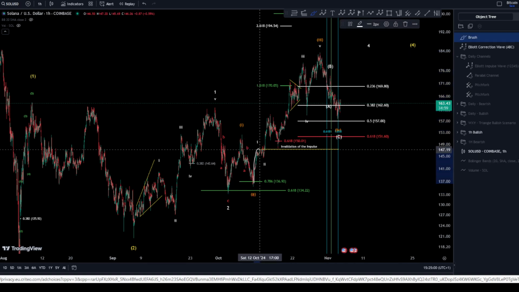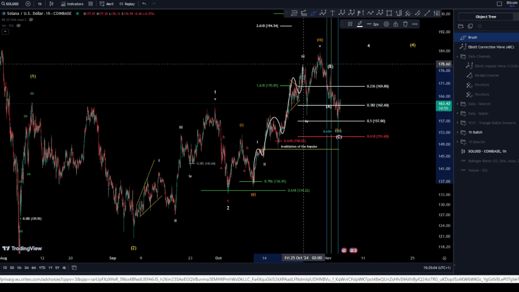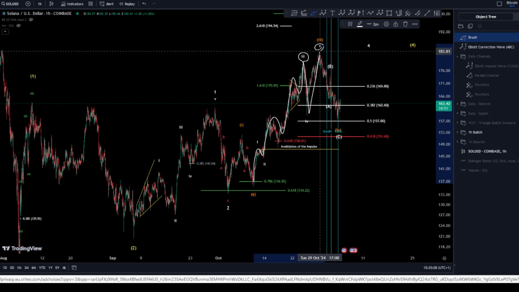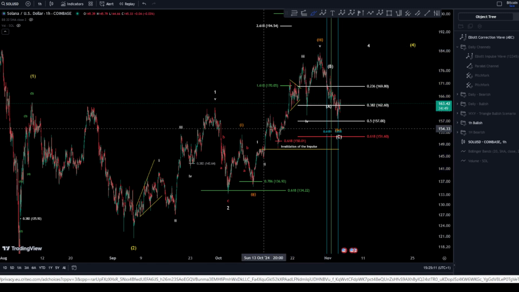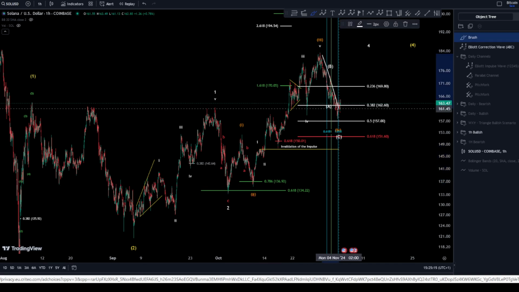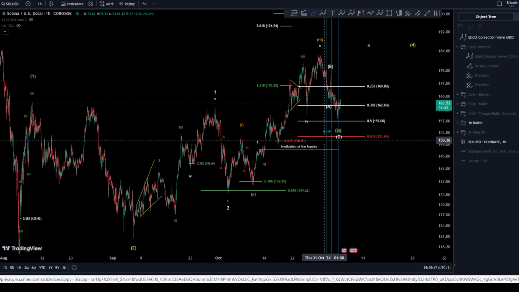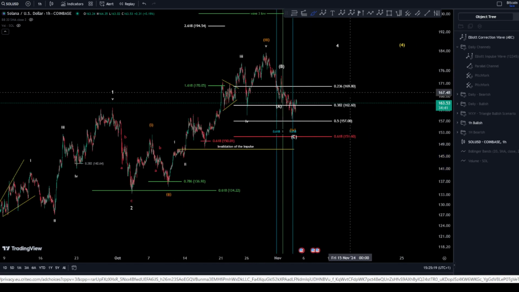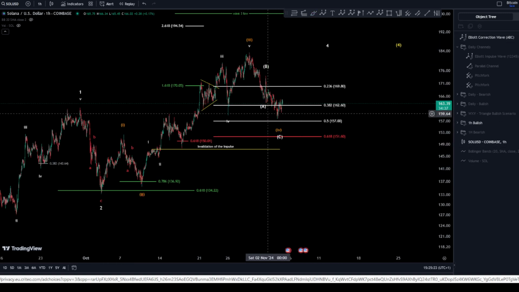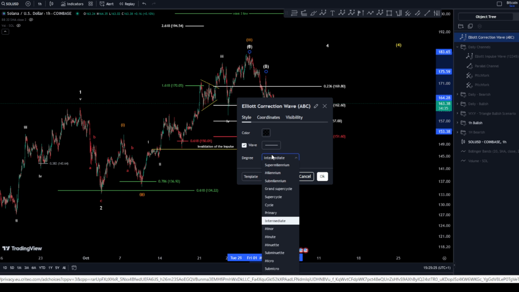Because if you count the label in white inside, you have 1, 2, and then 1, 2, 3, 4, 5 for your wave 3 in white, and then 4, 5 for your 5, only in white. And we don't forget that we have a 1, 2 here, therefore you need a 4, 5, definitely. So that would be a nice indication that you are looking here at an ABC, which might be your zigzag for a wave 4.